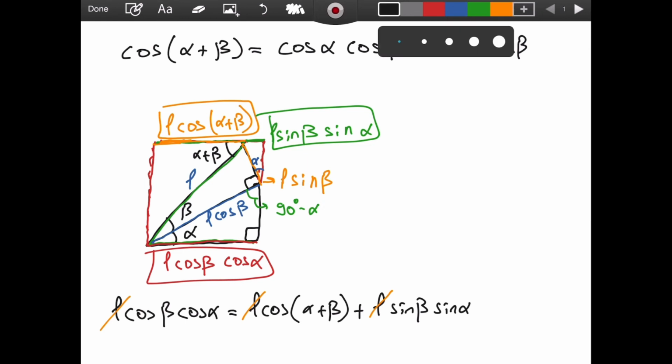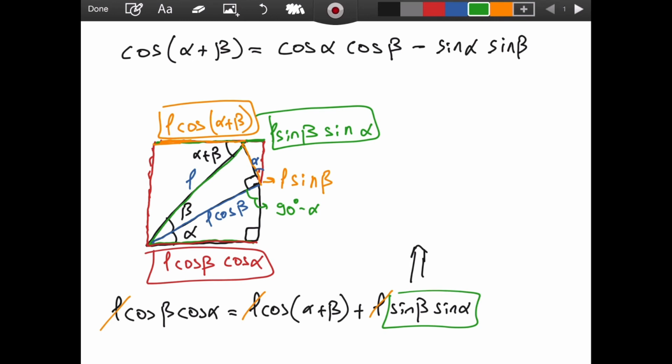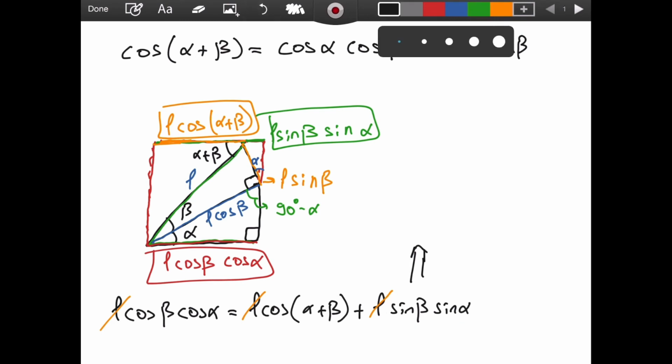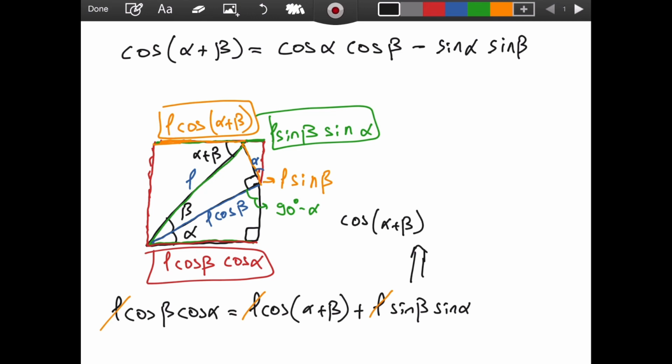And now if I solve this equation for cosine of alpha plus beta, let's see what I get. So I will subtract this term, which is sine of beta times sine of alpha, from both sides, and that will leave us with cosine of alpha plus beta on one side.